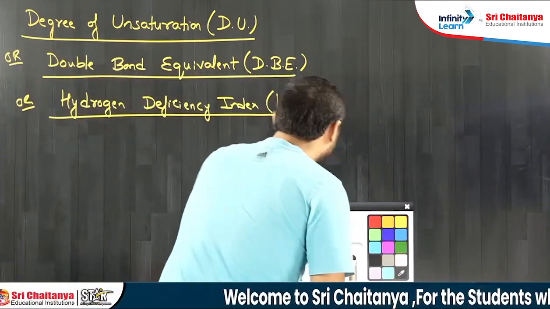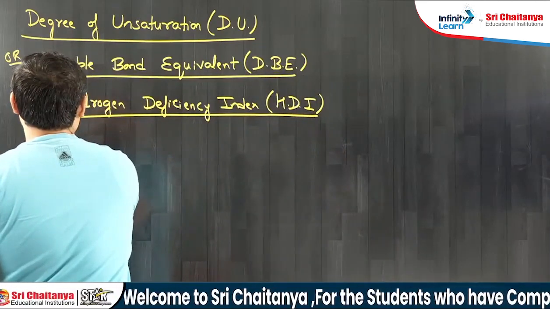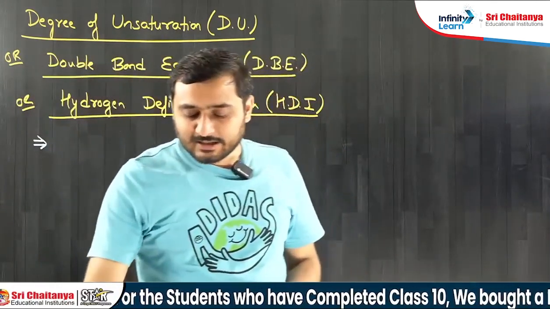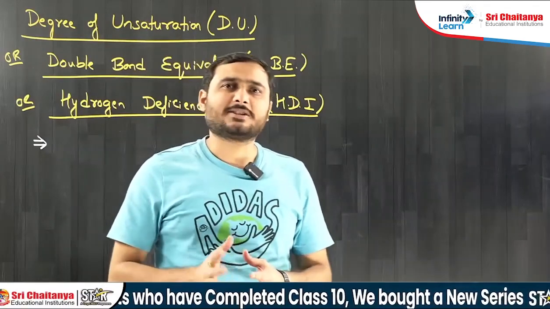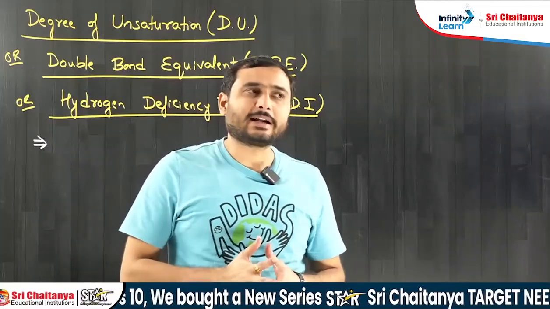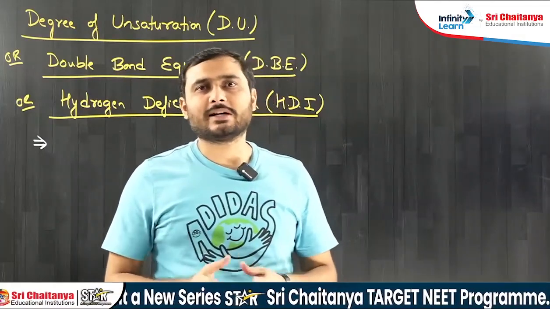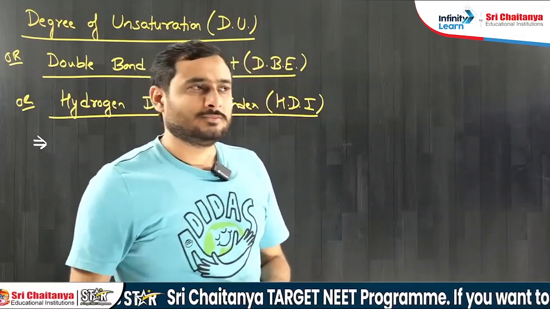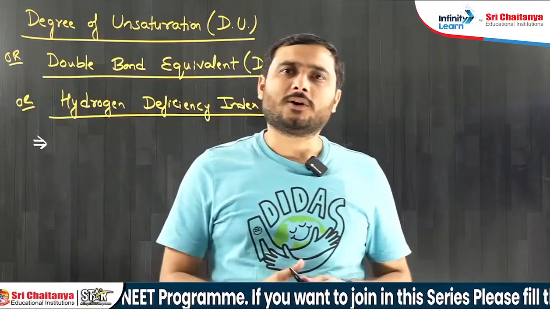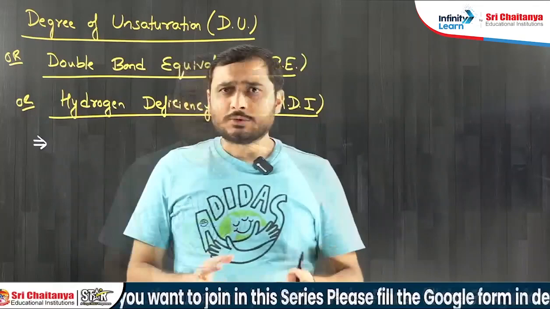Now, what is the definition of degree of unsaturation? Listen, students, there are two types of compounds, saturated and unsaturated. Saturated compounds contain only single bonds, and compounds which contain at least one double bond or triple bond are called unsaturated compounds.